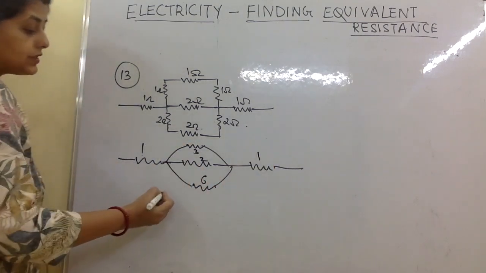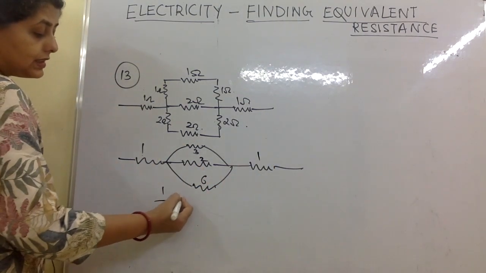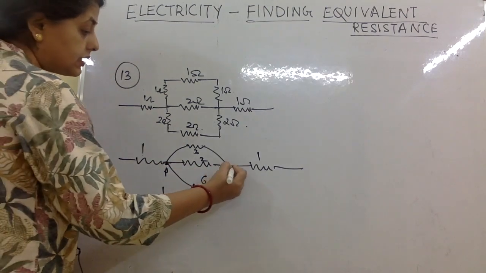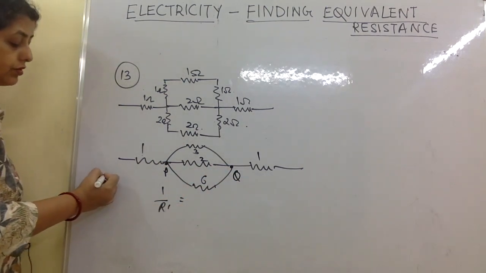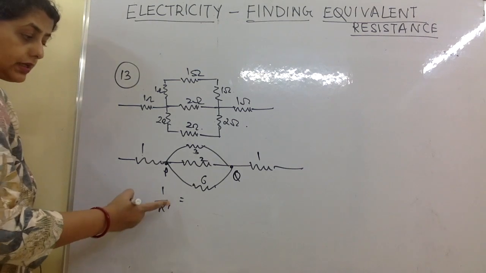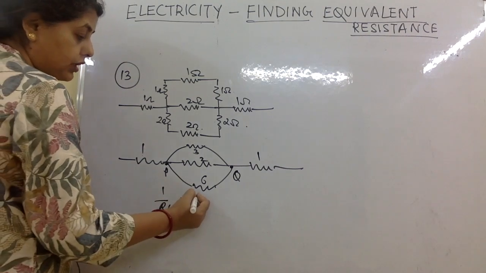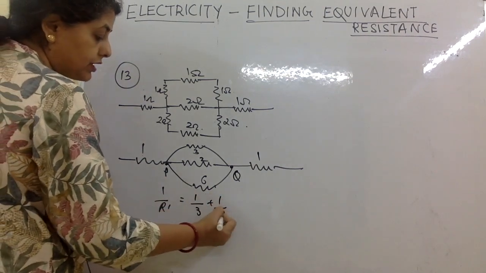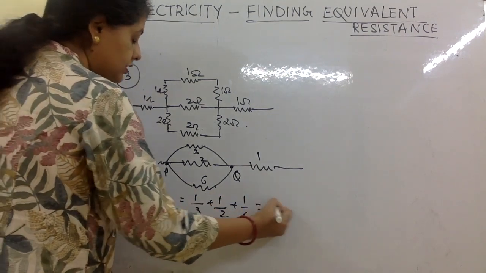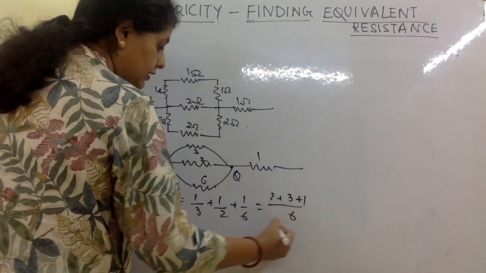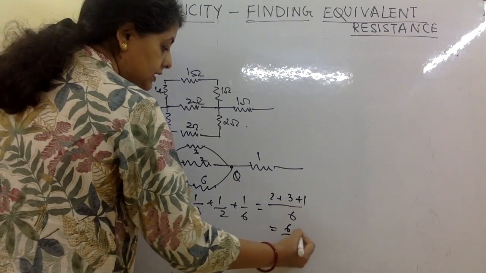So now I'll first find the R dash, 1 by R dash, that is for this parallel connection, let's say between P and Q. Okay, so resistance between P and Q I will find first. R dash is the one between P and Q, which is 1 by 3 plus 1 by 2 plus 1 by 6, which is equal to, with LCM 6, 2 plus 3 plus 1, that is 6 by 6, which is 1.